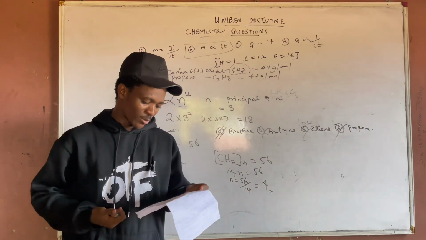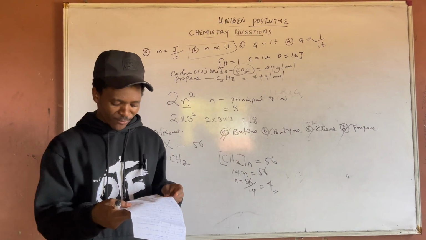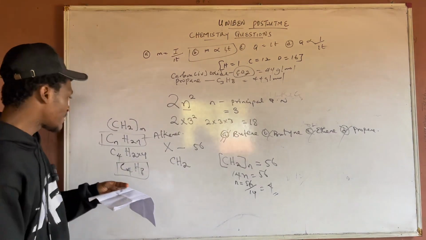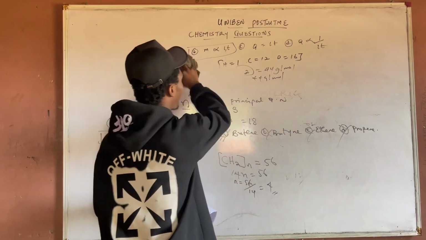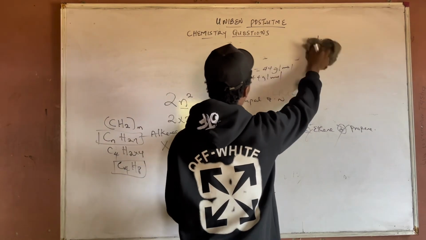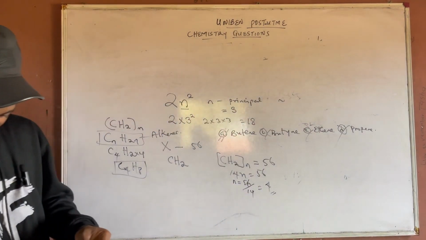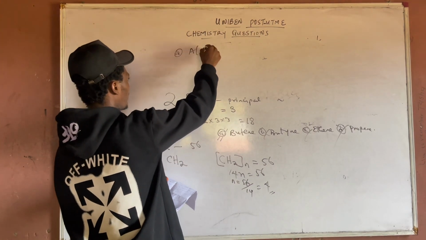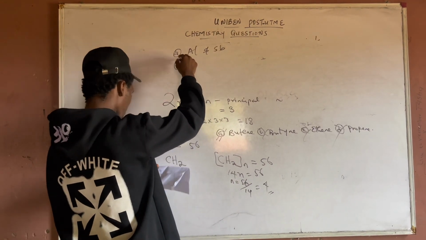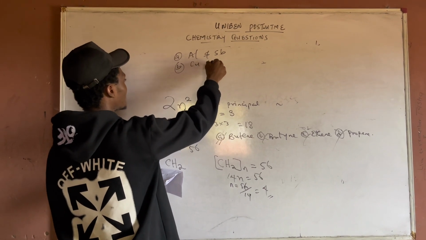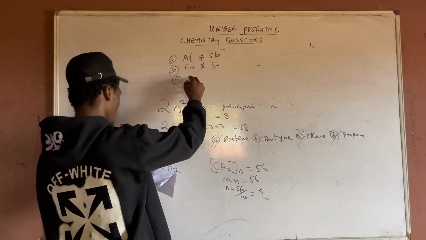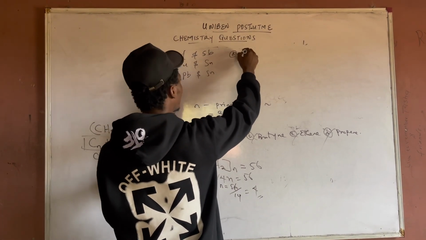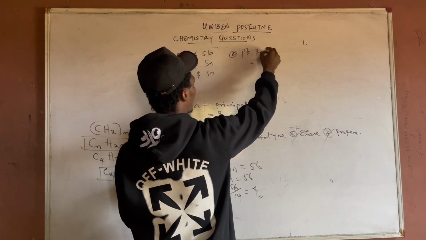All right. So next question: the alloy used for welding and plumbing contains. These are the options: A, aluminium and antimony; B, copper and tin; C, lead and tin; and D, lead and antimony.